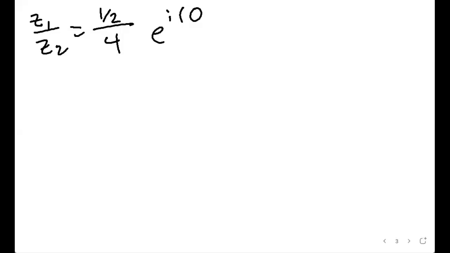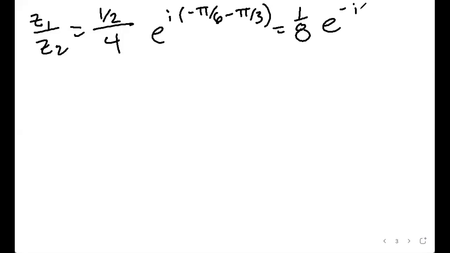So theta 1 was negative pi over 6, and to subtract theta 2, pi over 3. So 1/2 divided by 4 is 1/8. Minus pi over 6 minus pi over 3 is going to be negative I pi over 2.